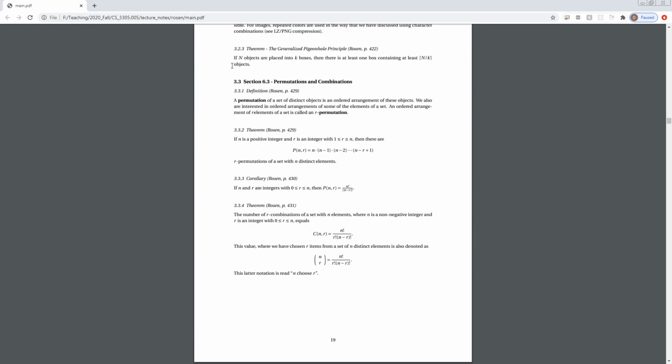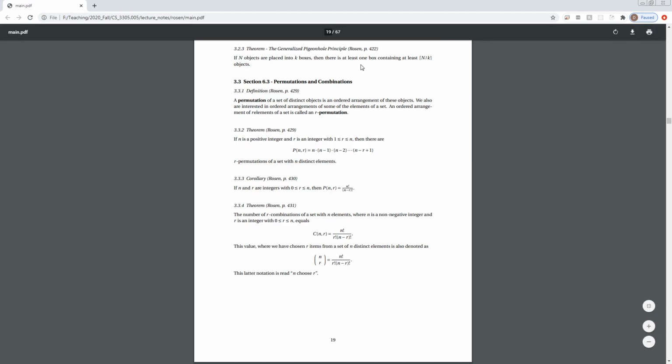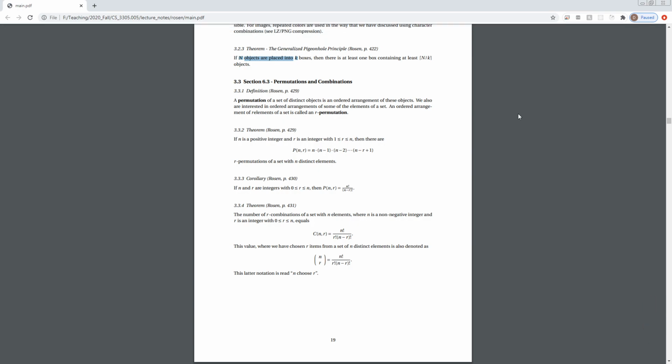Okay, and then the generalized pigeonhole principle deals with this fraction, right? It says that if you have k boxes and n objects, and it's always easier, I feel, if you use concrete examples.